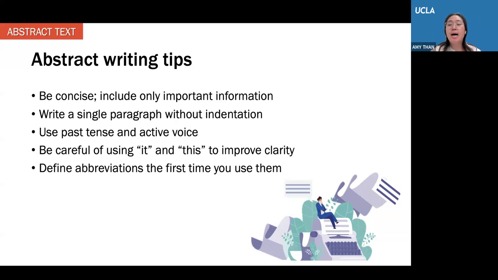Just use your best judgment, but assume that any scientific lingo or verbiage should be defined first, and then after you define it, you could use the abbreviation. For example, in the title, if you define an acronym in the abstract, you can just use the acronym. Or maybe it depends on your judgment, but just make sure it's defined somewhere in the abstract before you start using it regularly in the text.